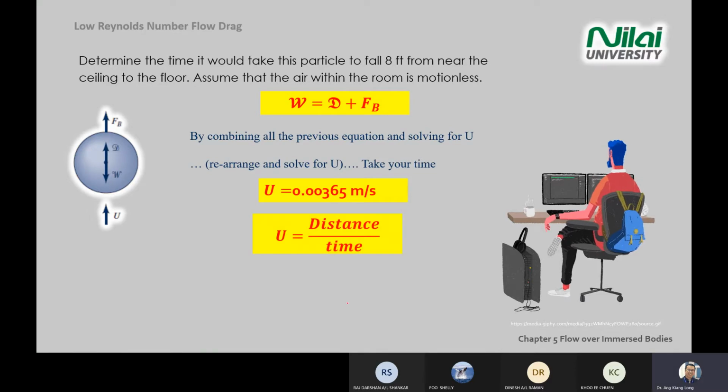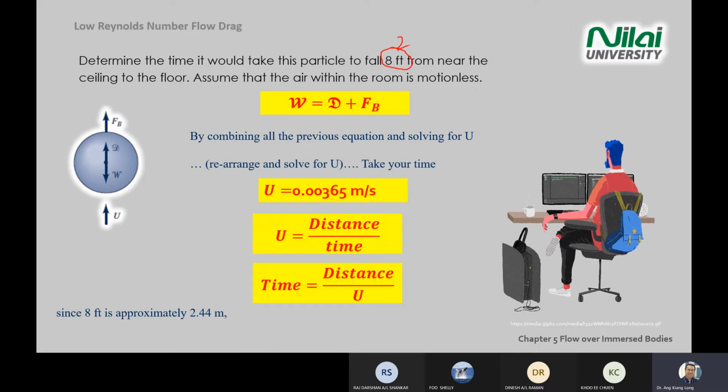You know that velocity equals distance divided by time, so you just rearrange. 8 foot is about 2.44 meter. You have the distance and the velocity, so you can calculate the time it travels.